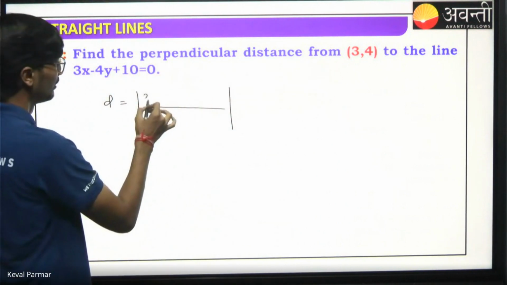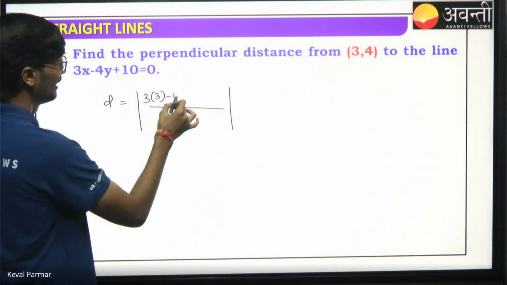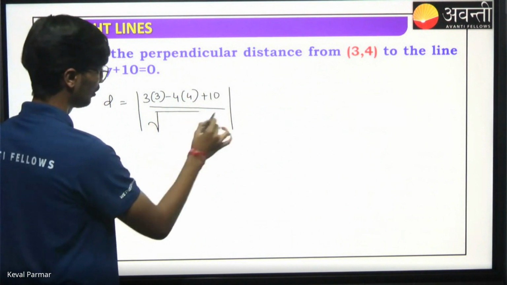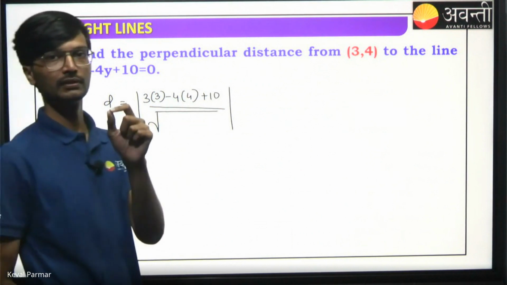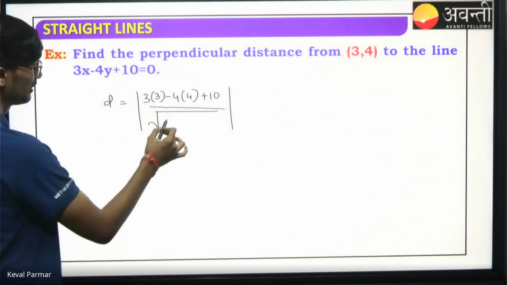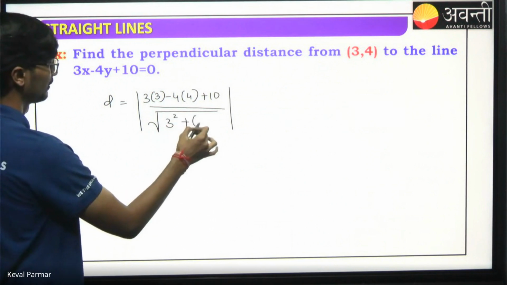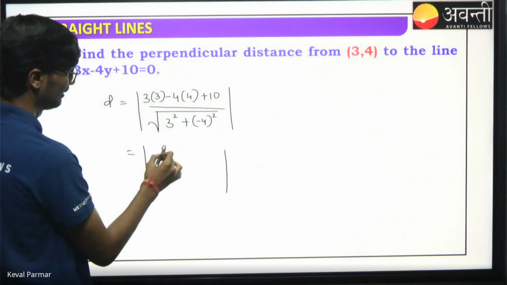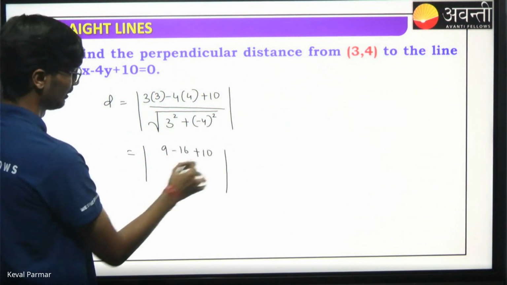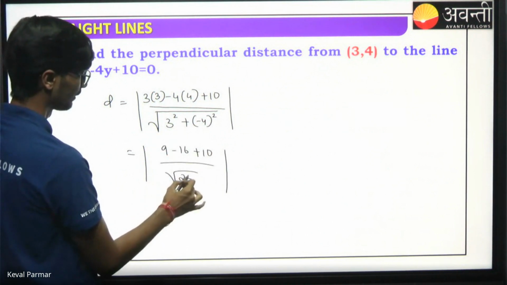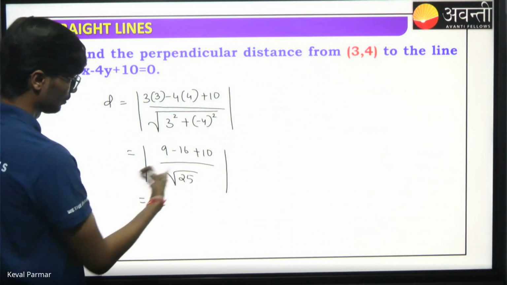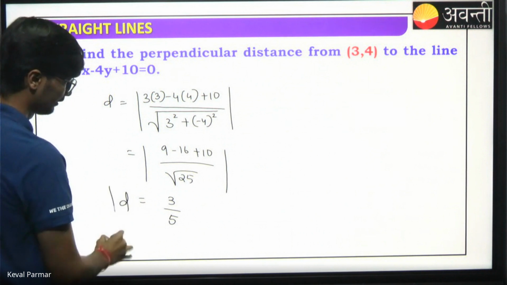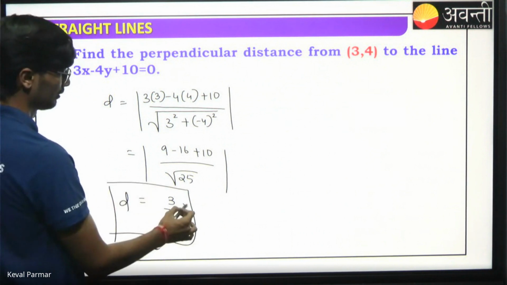So I'll get 3 into 3 minus 4 into 4 plus 10 upon under root of coefficients squared, that is 3 squared plus (minus 4) squared. Simple, done. So I got 9 minus 16 plus 10, which is root 25. So 3 by 5. We don't need mod now because it is positive units.